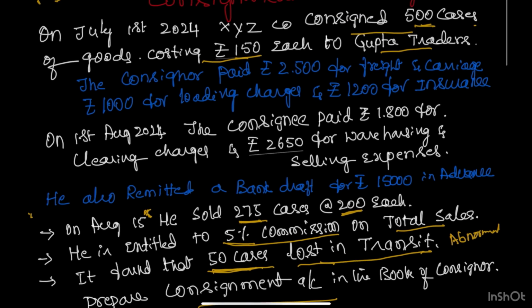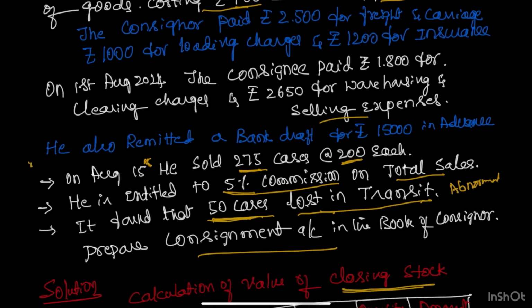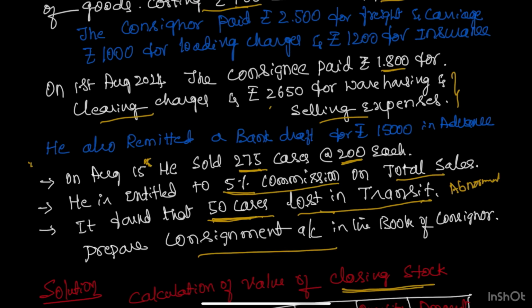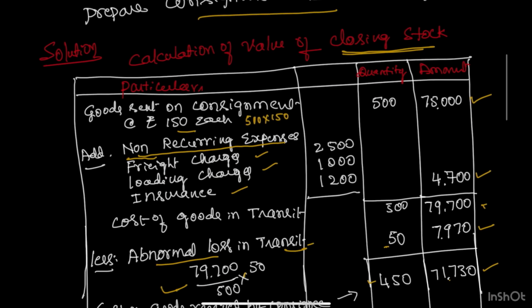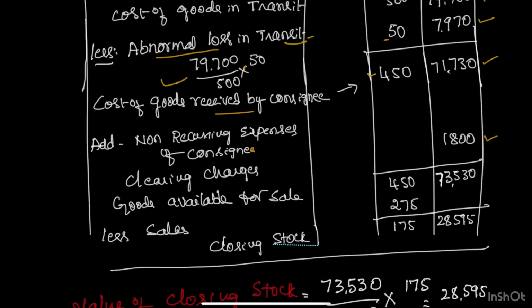The consignee also paid other expenses like warehousing and selling expenses, but they are routine expenses we are not going to consider. We consider only expenses related to consignment, that is the clearing charges of 1,800. So the value of those 450 cases becomes 73,530.